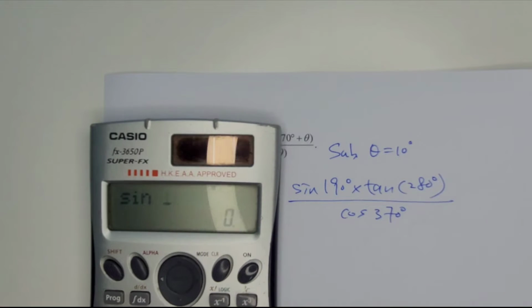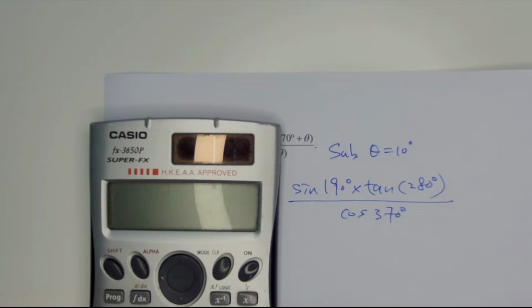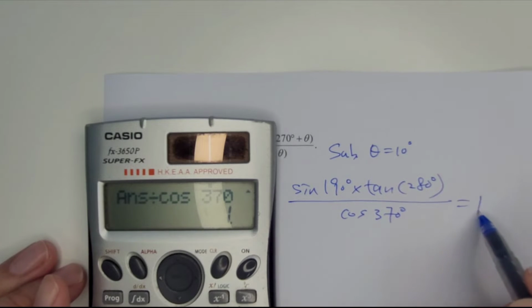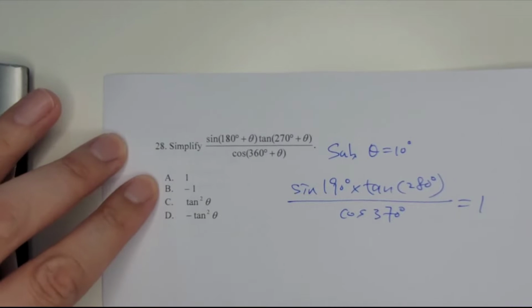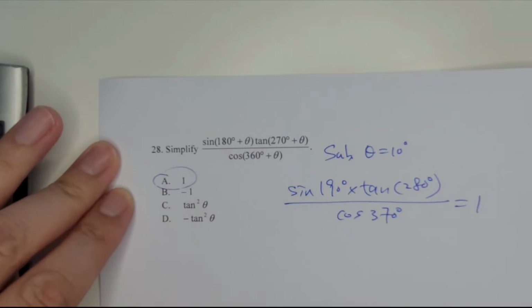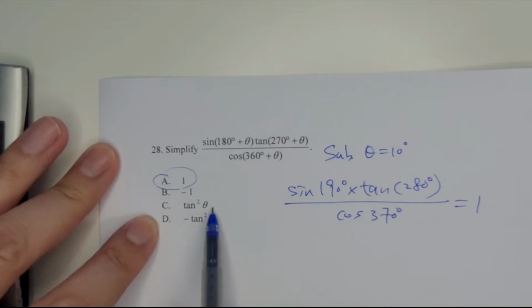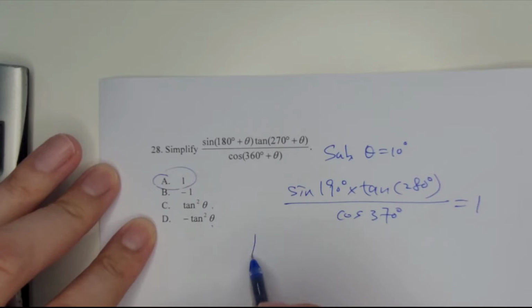Sine 190 degrees multiplied by tangent 280 degrees divided by cosine 370 degrees, and luckily you get 1. So check the options. You will find that A is the only answer. As you know, for C and D, when you substitute theta equals 10 here, you will not get 1. So answer A here.